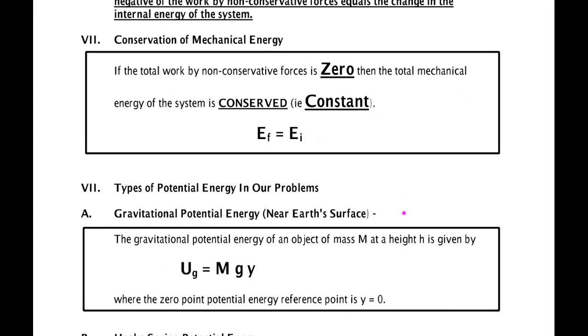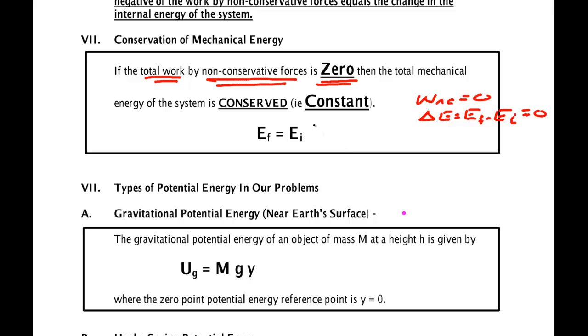So if the total work done by non-conservative forces is 0, that means W_nc is 0, then the total mechanical energy of the system is conserved, i.e. delta E, which is E_F minus E_I, is 0.